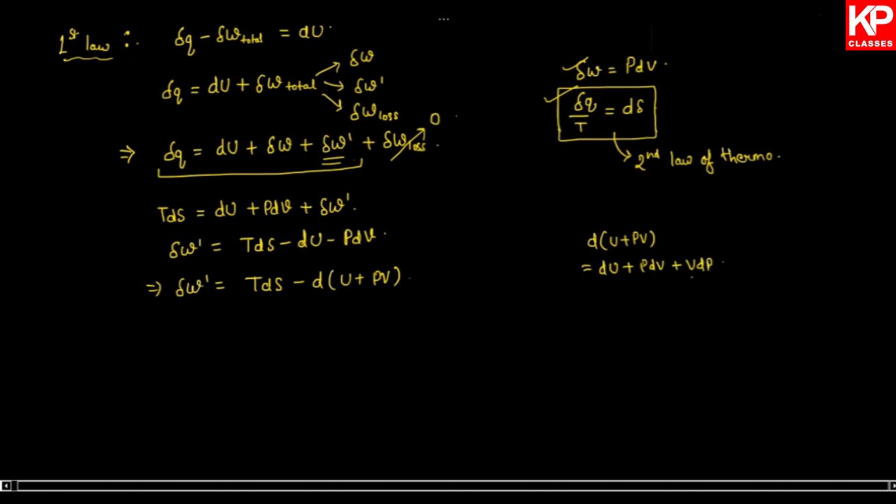Since we know that the system is taken at constant pressure, there will be no change in the pressure, so we can directly represent VdP equal to 0. So dU plus PdV we can also write as the differential of U plus PV. That is what I have done. I have taken this minus sign outside and written the differential in this format. I hope it is clear to everyone.